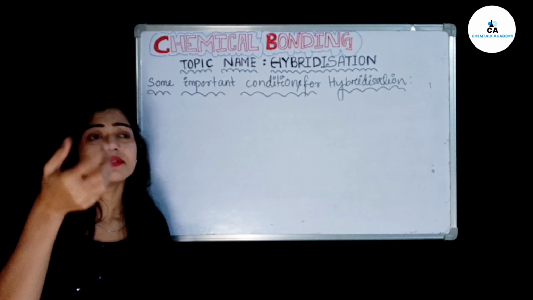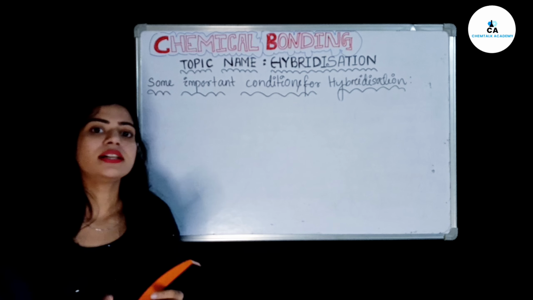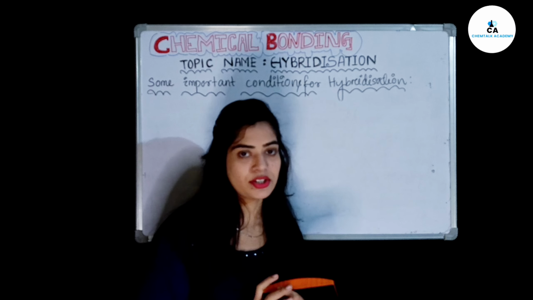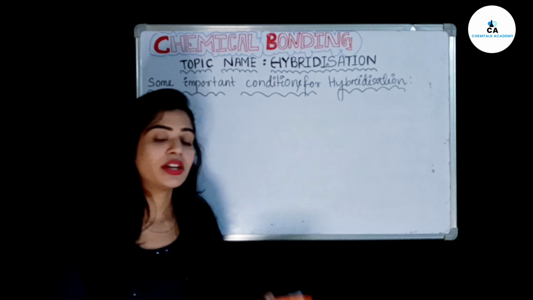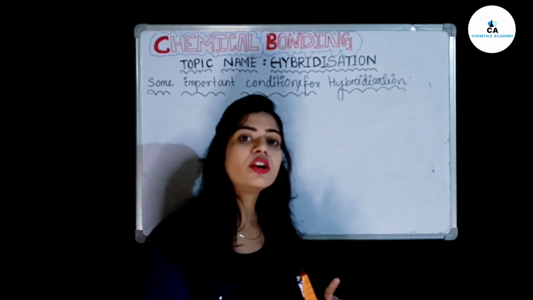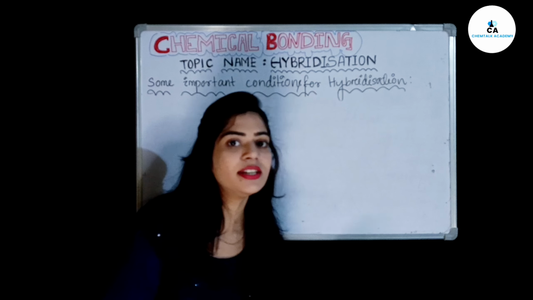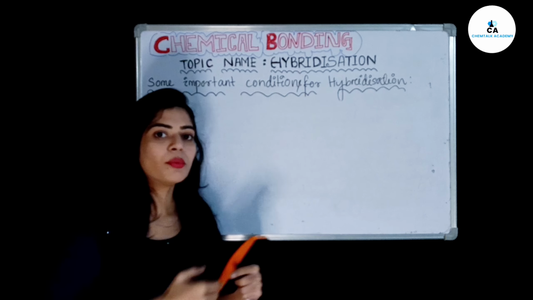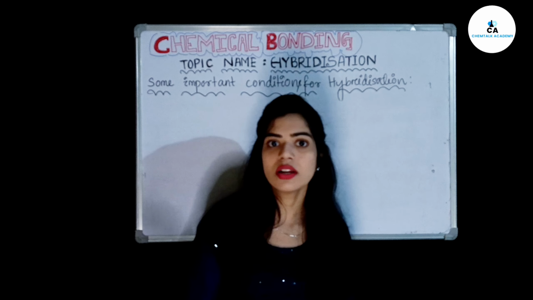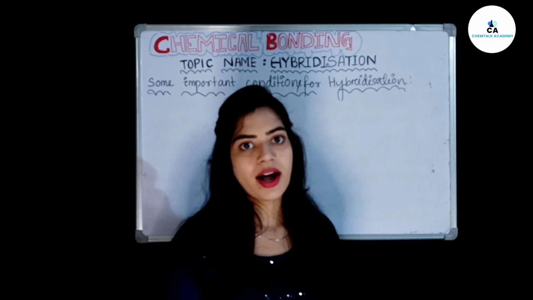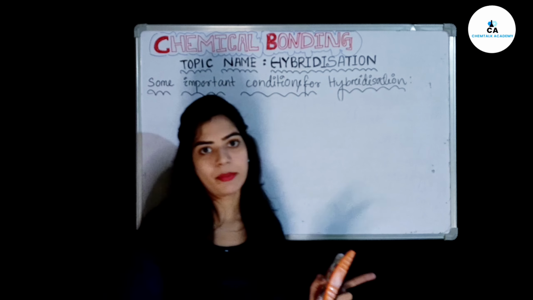Not only half-filled orbitals participate in the hybridization. There are some fully filled orbitals that also participate in the hybridization. But the thing is that we have to promote an electron in order to get half-filled orbitals, because the valence bond theory concept is all about overlapping of half-filled orbitals. Clear? So these were the conditions for hybridization.